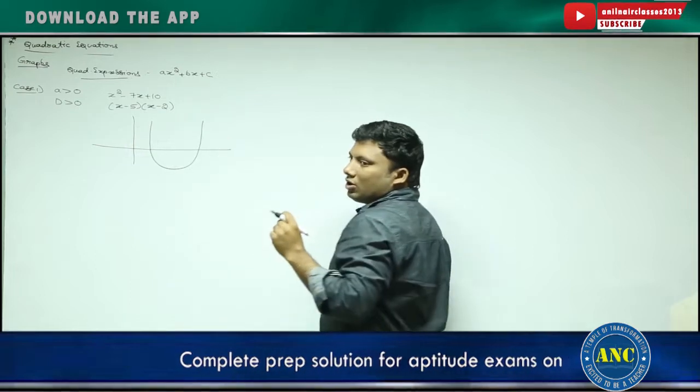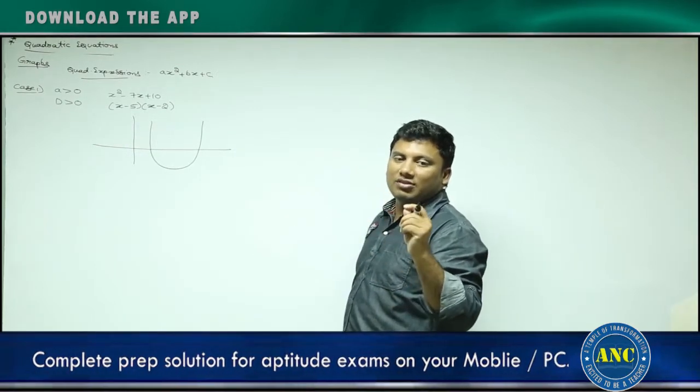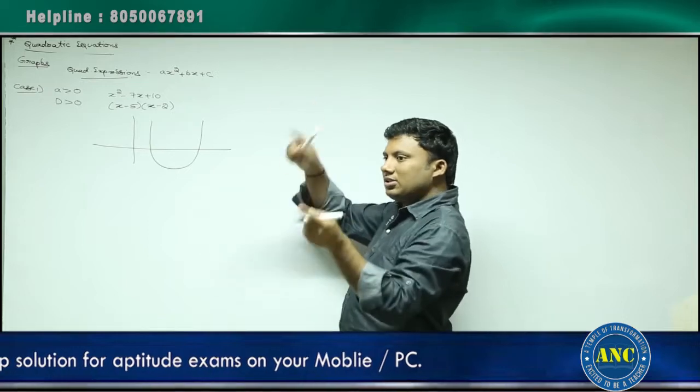That means the graph will be like this. The shape of a quadratic expression will be in the form of a parabola, either this or the inverted one.